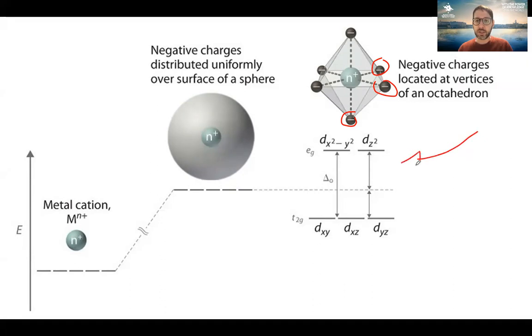This is explained by the repulsion between negative charges, and these splittings dictate properties in metal complexes and coordination compounds. We saw how those splittings arise for the octahedral complex.